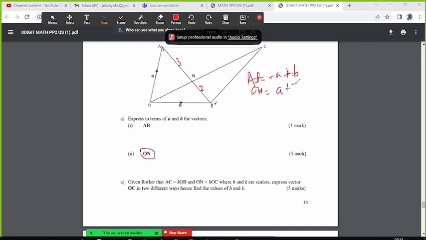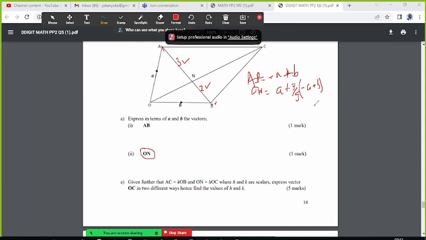AN is 3 over the total ratio 3 plus 2, 5, times vector AB. So it's a fraction of AB, and AB is negative A plus B.